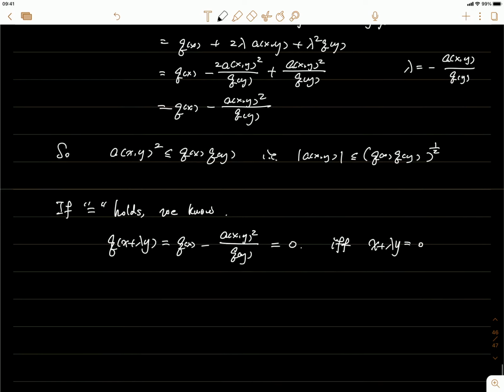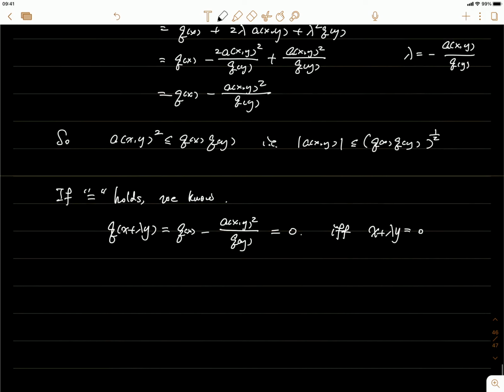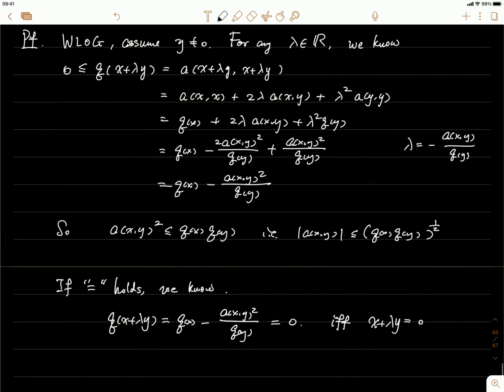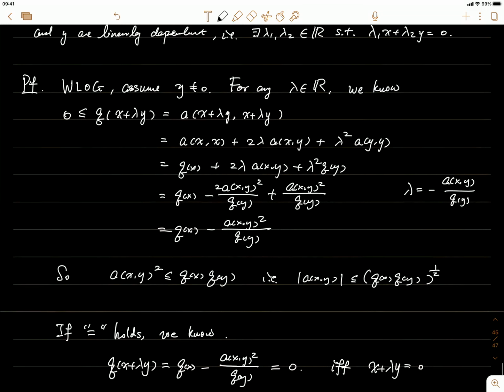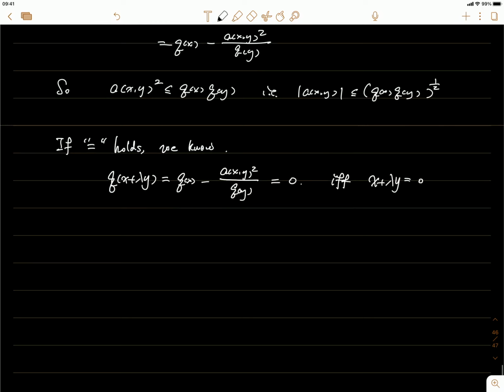Okay, so that is the case where y is non-zero. If x is non-zero, then we have something similar. If either one of x and y is 0, then apparently the equality holds. Okay, so that's the proof.